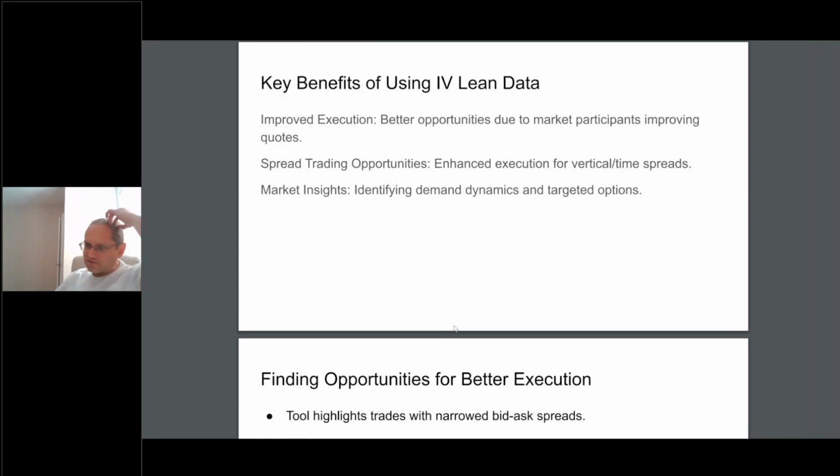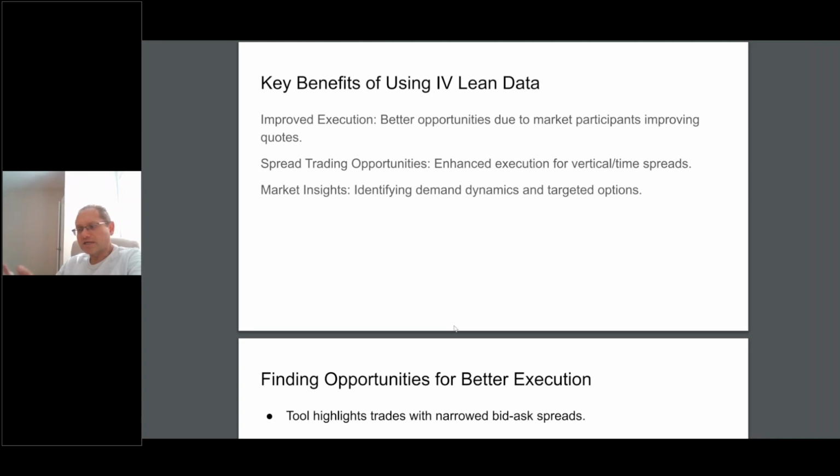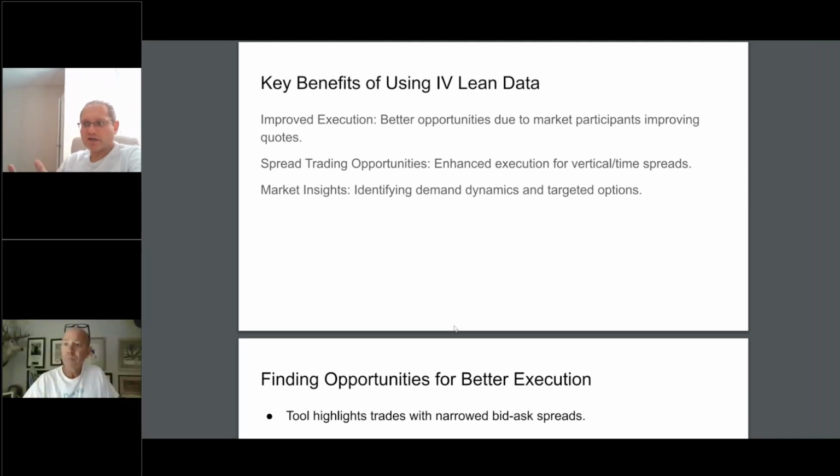So the key benefits of the lien is, one, if you detect a lien, usually what it does is it tightens up a spread, right? It tightens up the market because somebody is either stepping up or stepping down to try to signal to somebody they're interested in buying or selling, getting a better price.